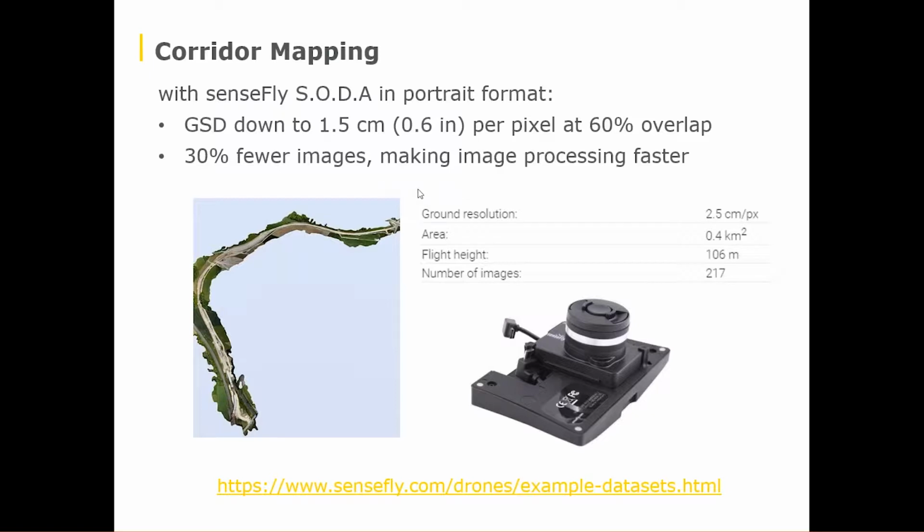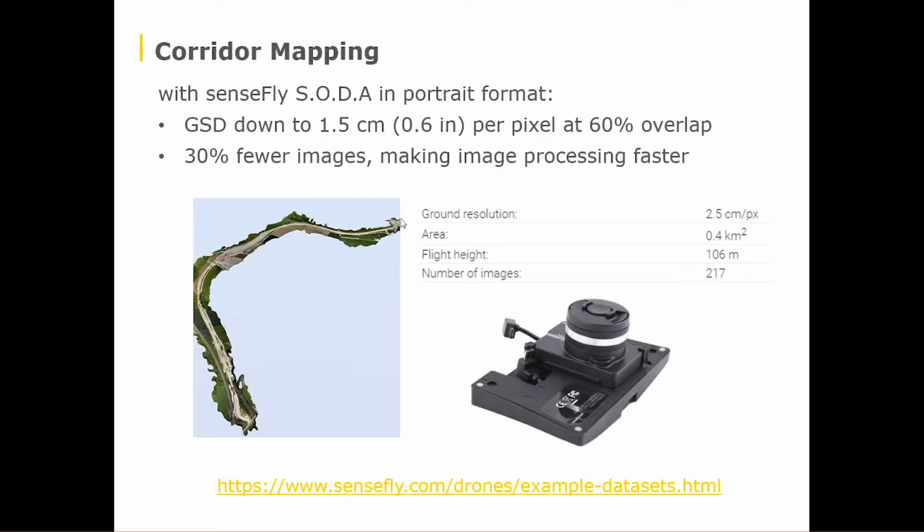and this orientation allows senseFly users to go down to 1.5 centimeters of ground sampling distance with a very low overlap, I would say 60%. It also allows you, when you plan and fly a corridor, to take much fewer pictures.